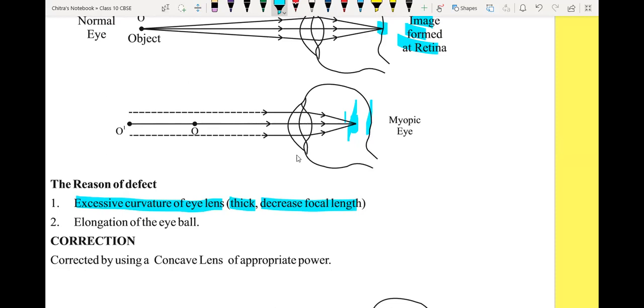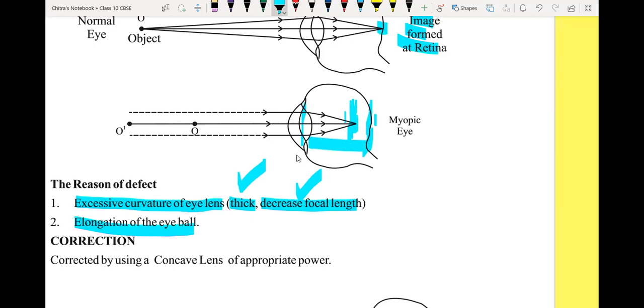So the eye lens becomes thick, due to which the focal length decreases, and the image forms just in front of the retina. The second is elongation of the eyeball, meaning the distance from the lens to the retina increases. These are the possible reasons by which myopia can be caused.